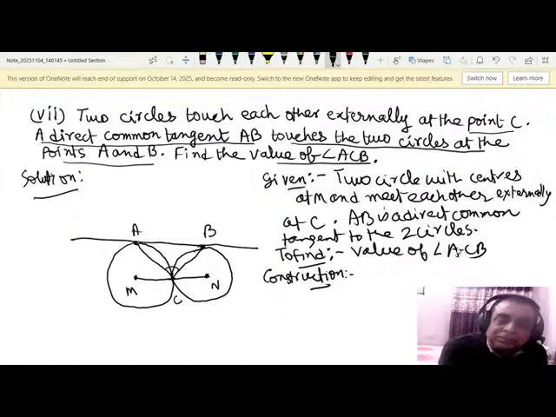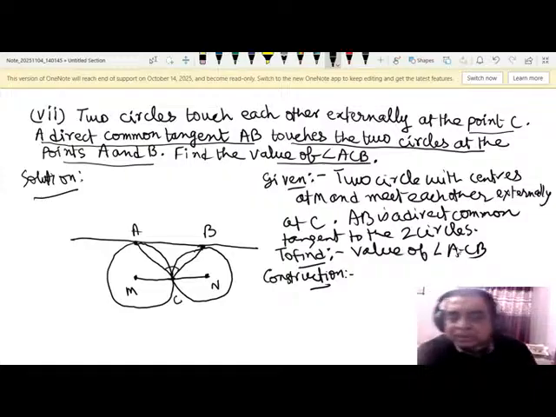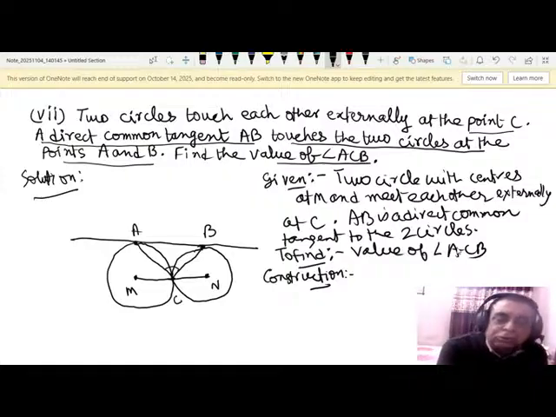That means M, C, and N will be one straight line. It will not be a curved line. And you also join A to M and B to N. So that is the construction needed.